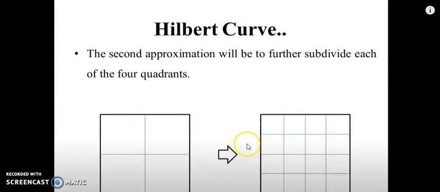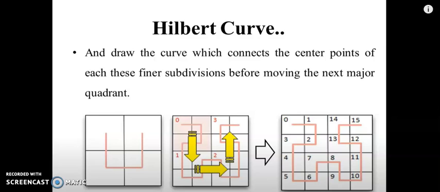The square is again subdivided into 4 squares, and we join the center of each square again. We join the centers in such a way that every line is separate from another and they are not overlapping with each other. That's all about the second approximation of the Hilbert curve generation algorithm.